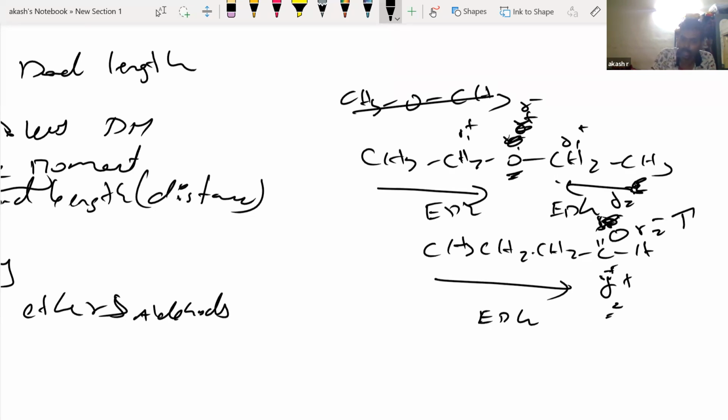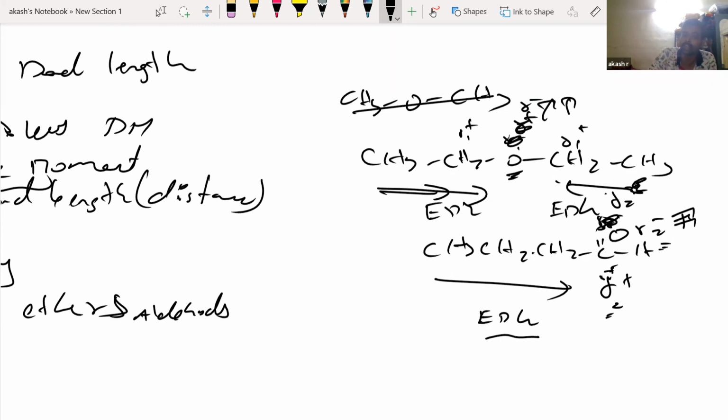Why? Because they already have a negative charge, and the electron donating groups will increase the negative charge, since electrons, meaning negative charge, are being donated to them. Here I have only one increase, but this delta negative will increase two times.